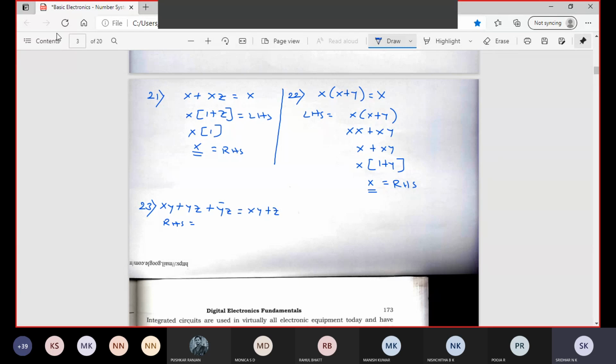So xy plus, in these two, if I take z as common, what do I write? Y plus y bar, correct? Yes, sir. Xy plus z, because y plus y bar is 1, which is equal to RHS.